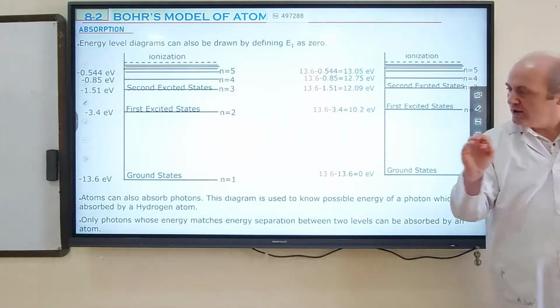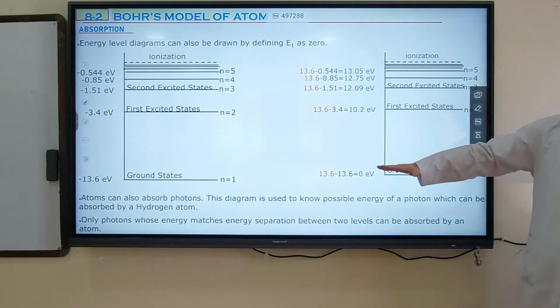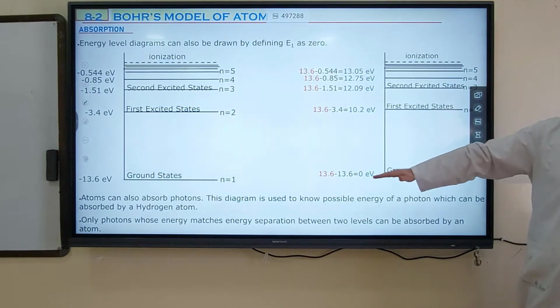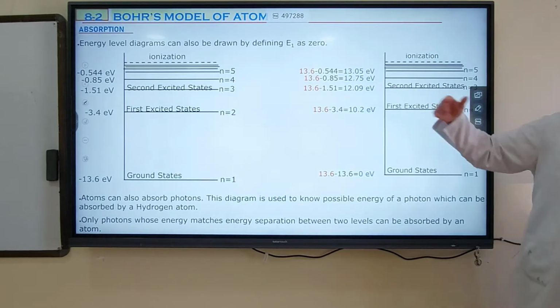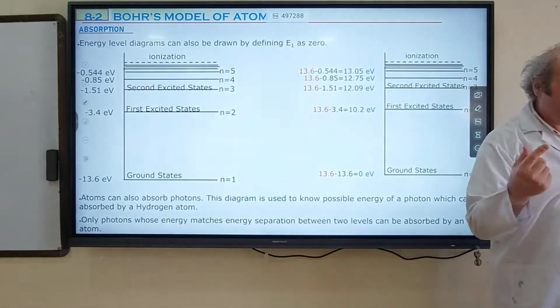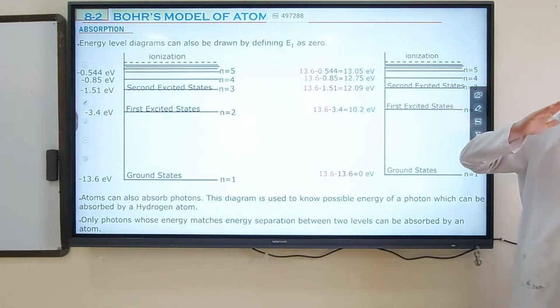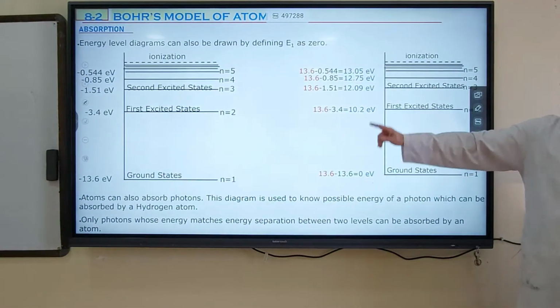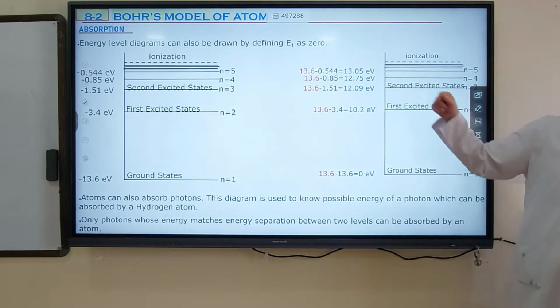If a photon of 10.2 electron volt energy is sent through the hydrogen gas, the electron of the hydrogen will be taken from the ground state to the first excited state, or second energy level. If you send a photon whose energy is 12.09, you will take the electron from the ground state to the second excited state, which is called the third energy level.